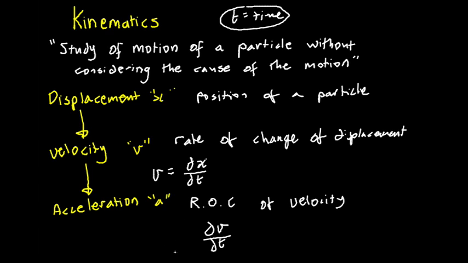So for v, we've got dx dt. For a, we've got dv dt. Just as a side note, something to take further, if we know dv dt is a, and actually no, forget about that. That's going to confuse you. So displacement, velocity, acceleration, three things we're looking at.